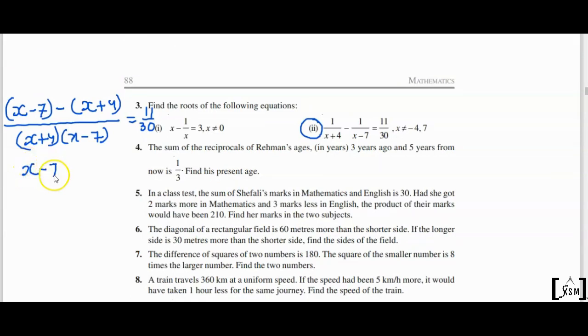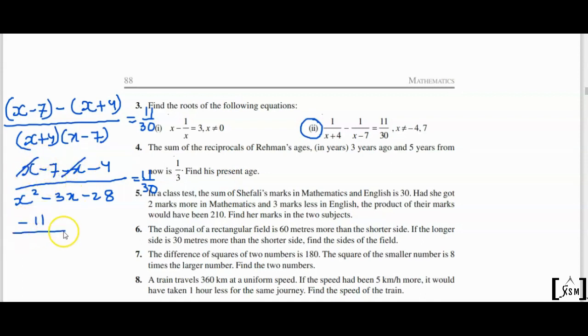x minus 7 minus x minus 4 over, when we multiply, we will get x square minus 3x minus 28, equal to 11 over 30, right? So minus x plus x finish, we get negative 11 over (x square minus 3x minus 28) equal to 11 over 30.